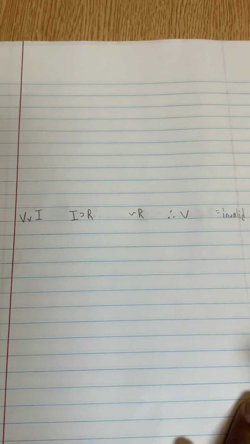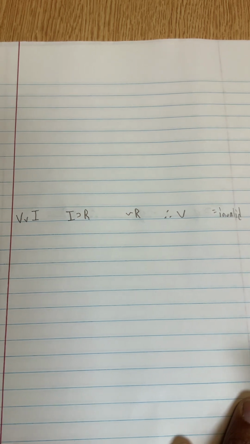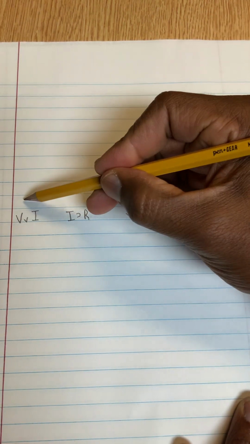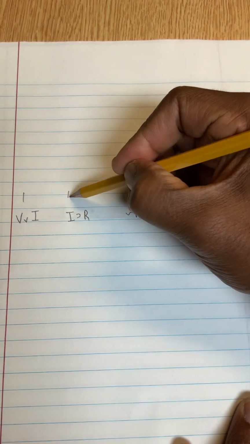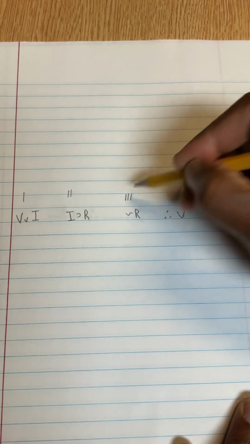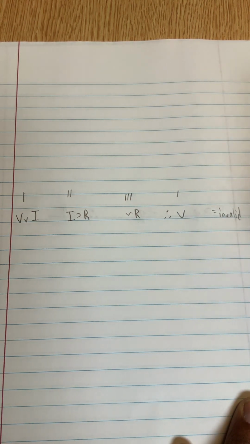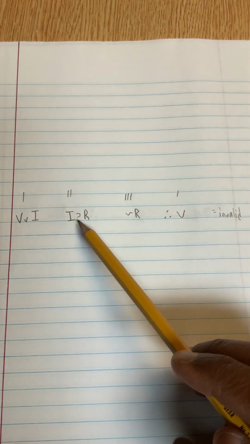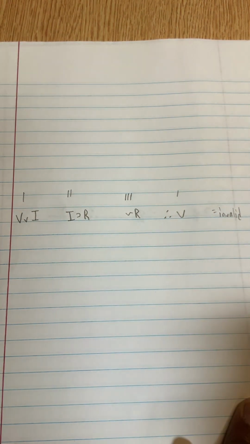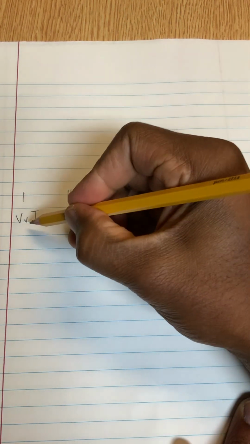In order to make something invalid, each premise must be true and the conclusion must be false. If it's invalid, each of my premises is true and my conclusion is false. That's what I'm declaring right here.